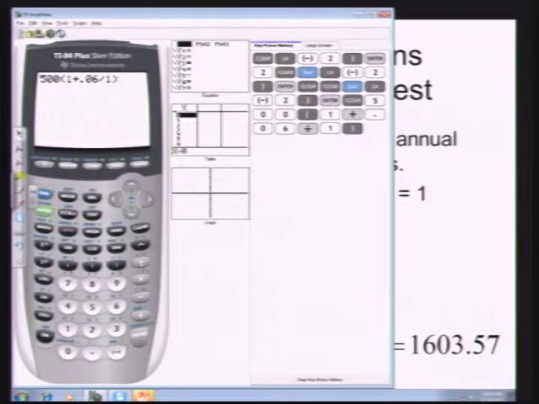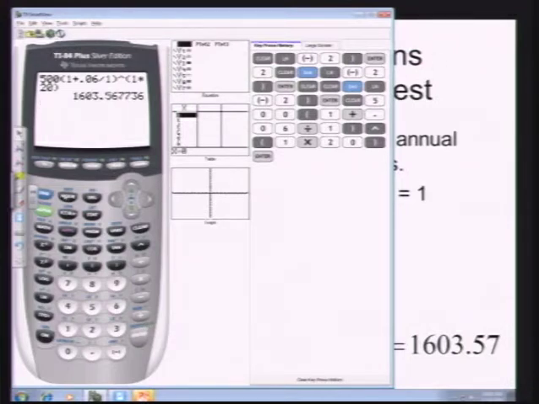Then we close the parentheses and raise it to the, in parentheses, remember, 1 times 20. And that is how we got the $1,603.57 that we noted on the PowerPoint a minute ago.